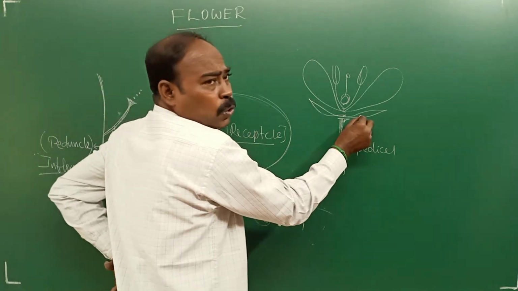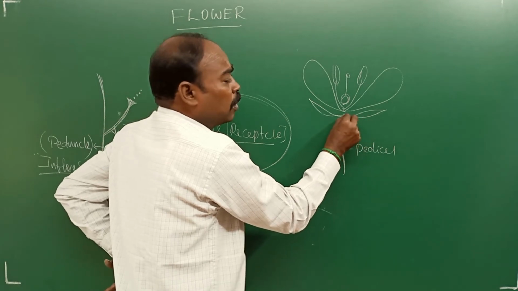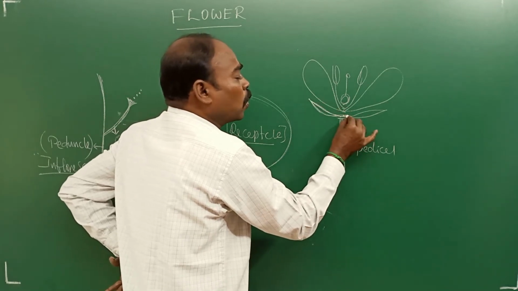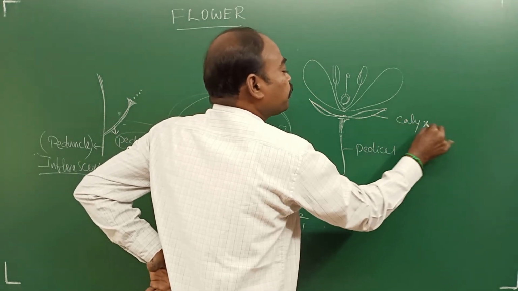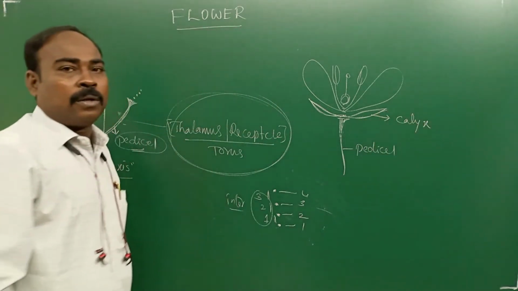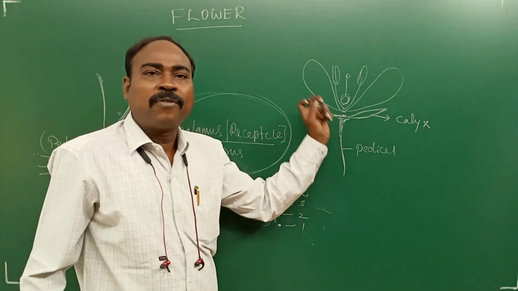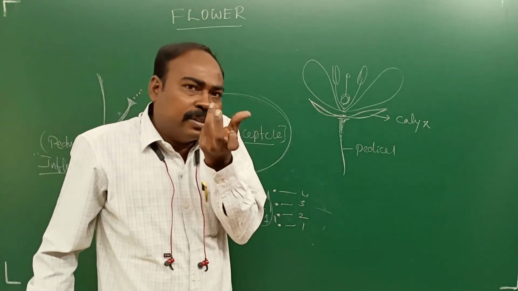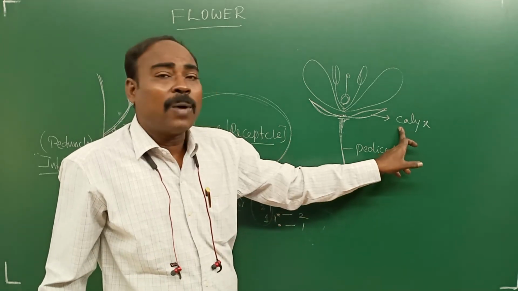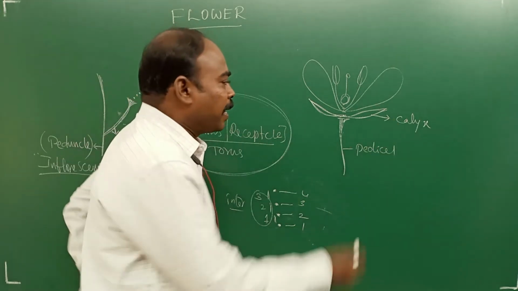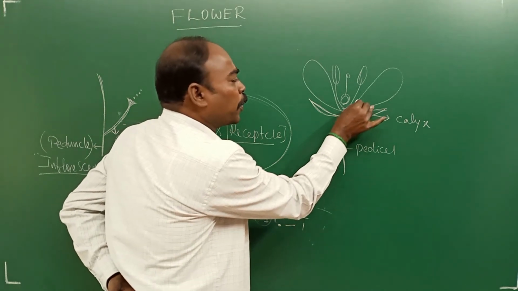The outermost whorl, that is the first whorl, develops at the first node and is called calyx. At the first node, the modified floral leaves which are developed in a whorl, 3 or 4 or 5 or many, are called what? Calyx. The second whorl also produces leaves.